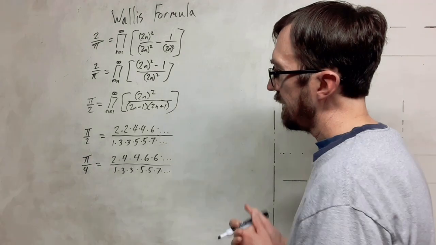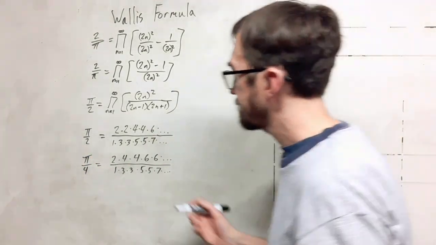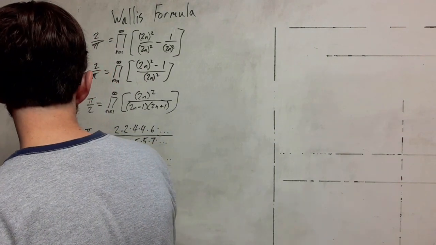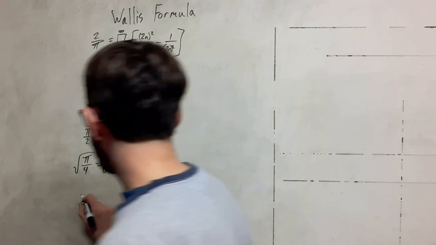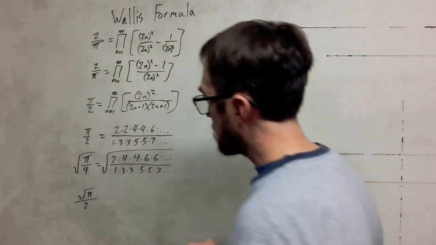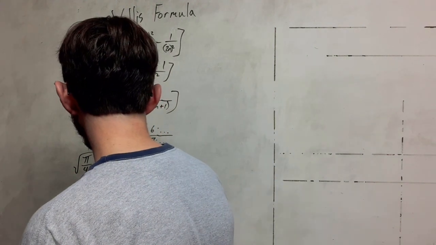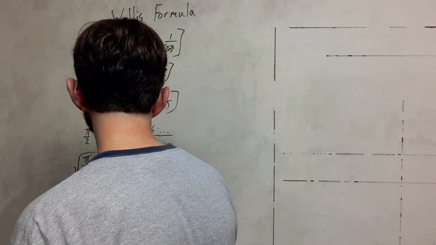All right, now once I have that, I take the square root of both sides. And this is going to give me the square root of pi divided by 2 is equal to the square root of all of this.